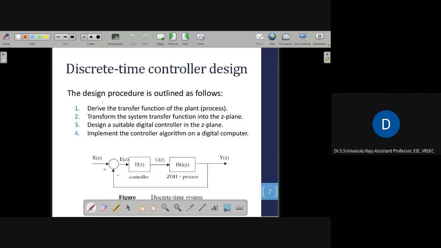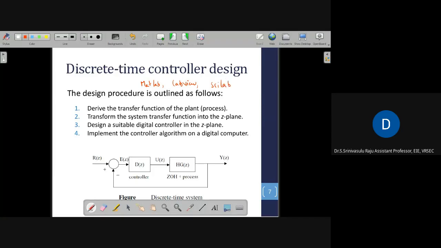Now, this is the procedure if you want to implement any discrete control algorithm in MATLAB or LabVIEW. If you want to test your algorithm with the given process plant, you need to choose some software. The software may be MATLAB, or you can choose LabVIEW, and we have one more, Scilab.